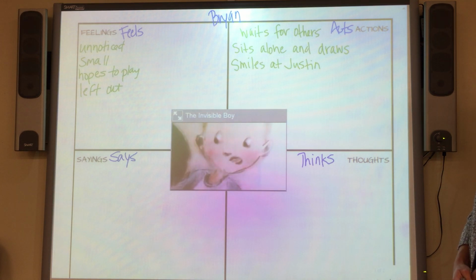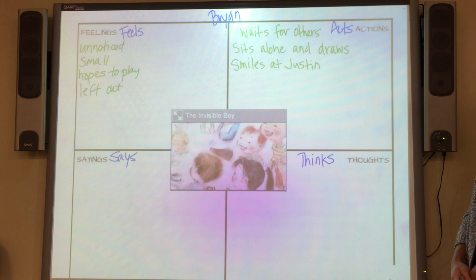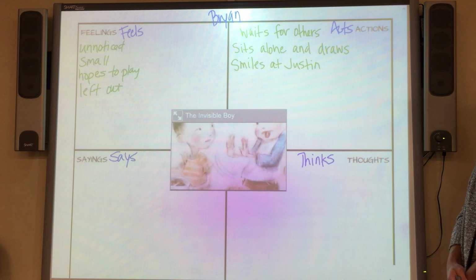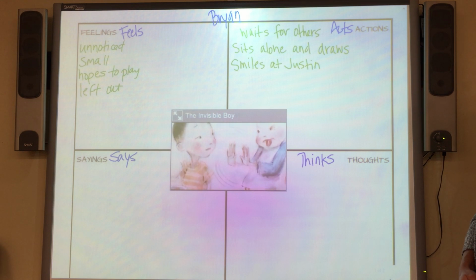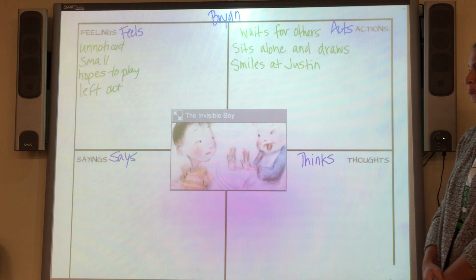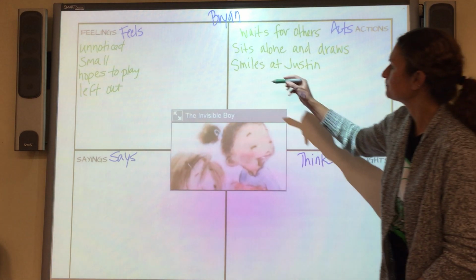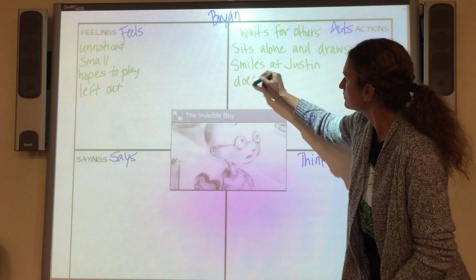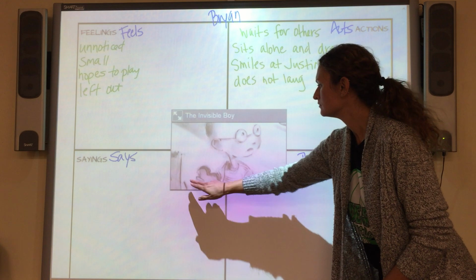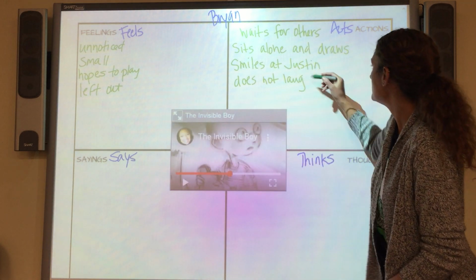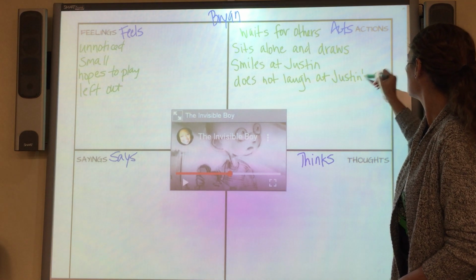Bulgogi. It's Korean. Barbecue beef. My grandma made it for me. It's really good. Do you want to try some? There's no way I'd eat bulgogi. And the kids, they laughed. All of them, that is, except Brian. He sits there, wondering which is worse, being laughed at or feeling invisible. So he does not laugh at Justin's lunch.